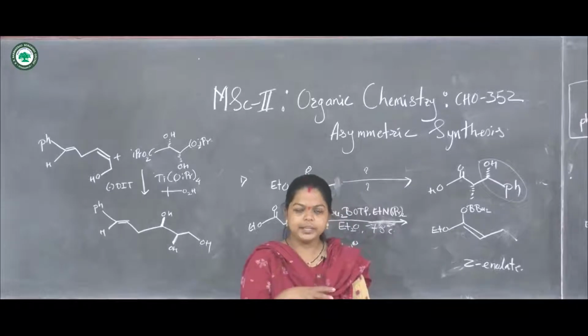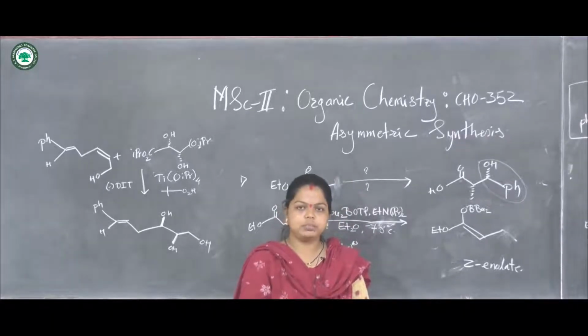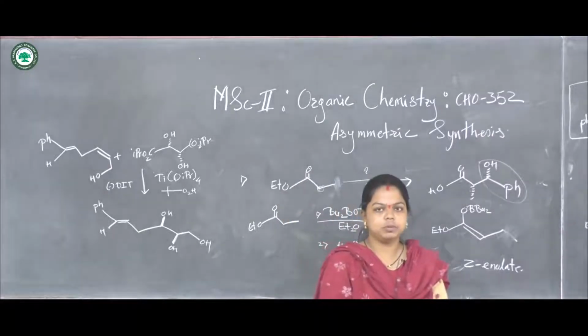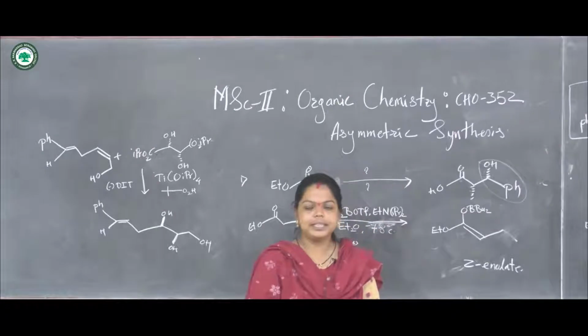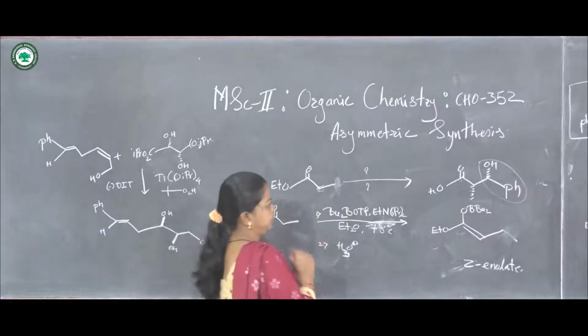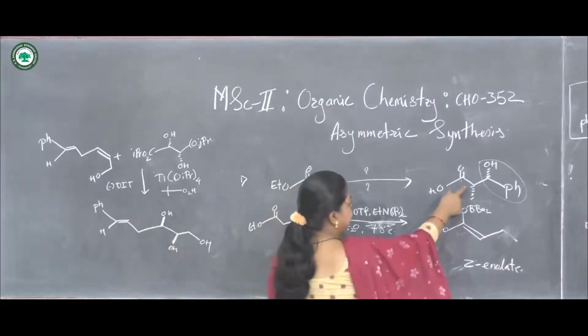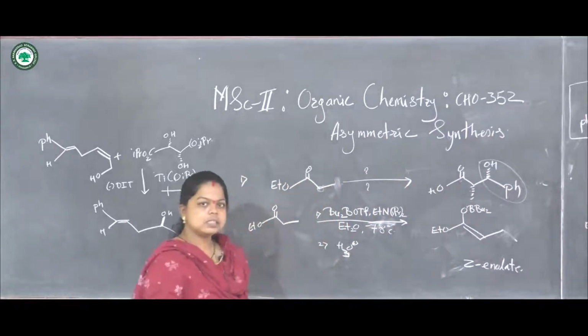Either Z enolate will always form the syn diastereomer or syn aldol, and the E enolate will always form the anti-aldol. Now we have to consider the formation of the Z enolate for this compound, then only we get the corresponding syn aldol.